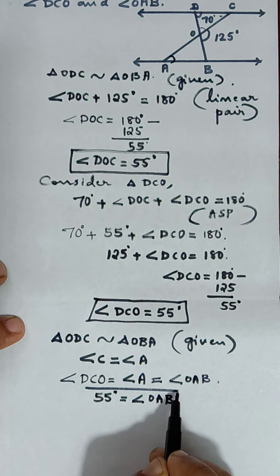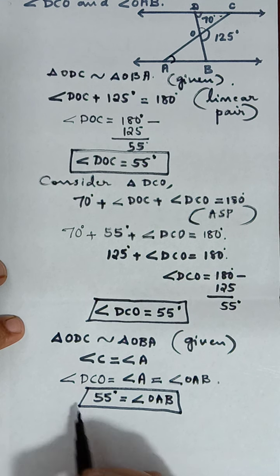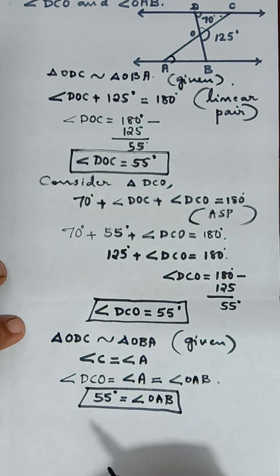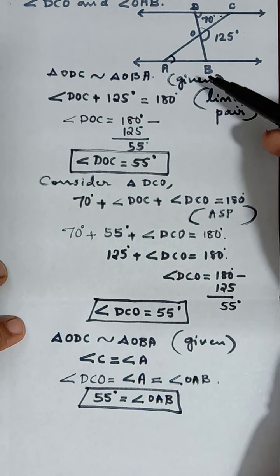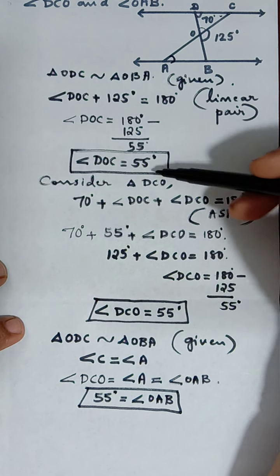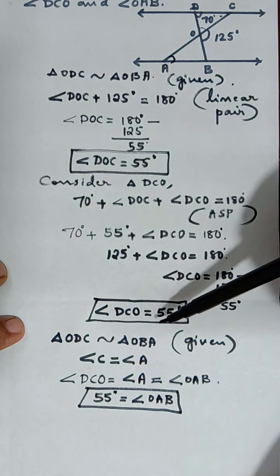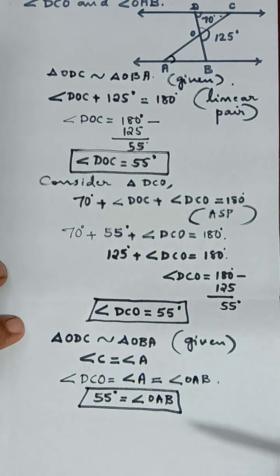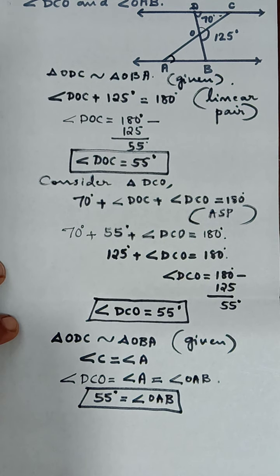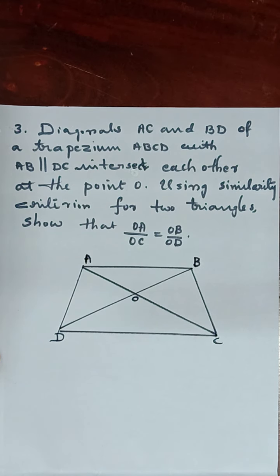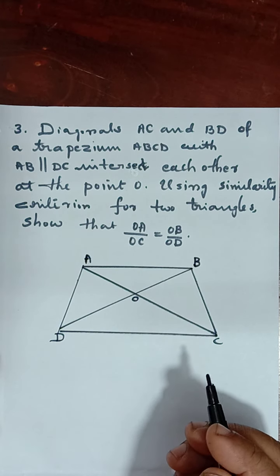So here we got angle OAB also equal to 55 degree. So all the 3 points we got: DOC we have, DCO we have, and angle OAB also we have. Hope you understood. This is today's last question.